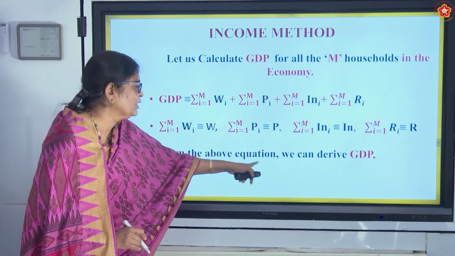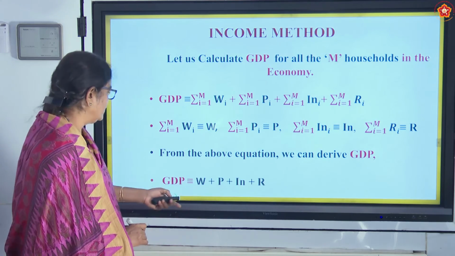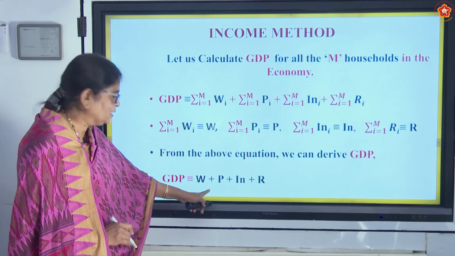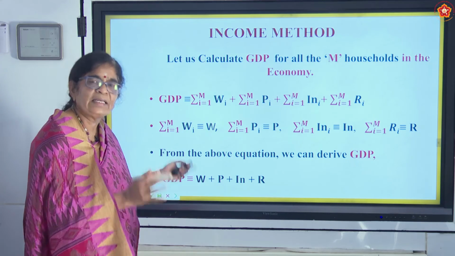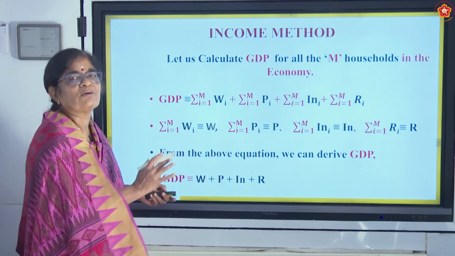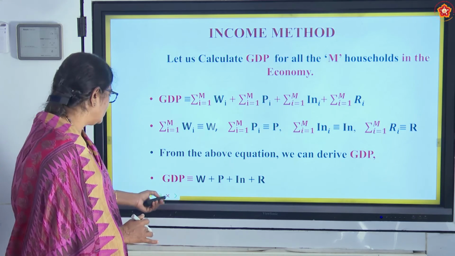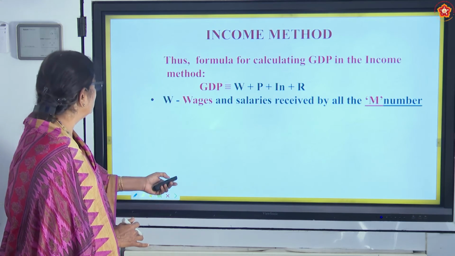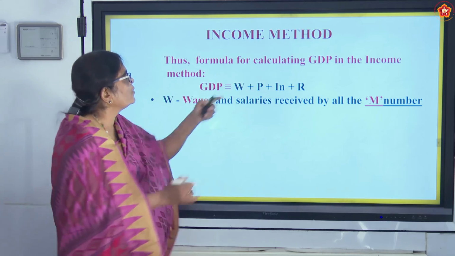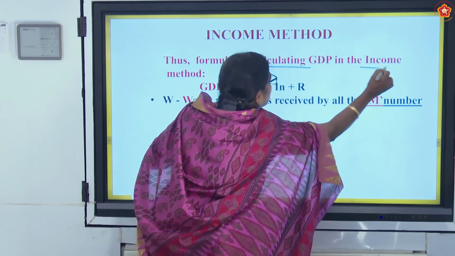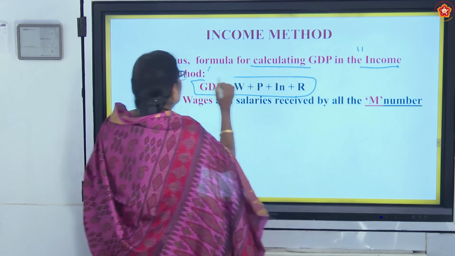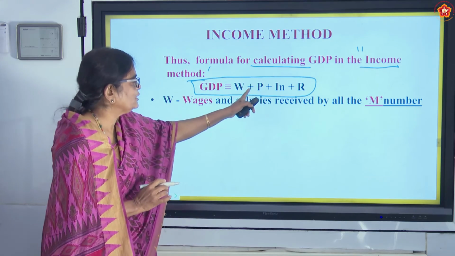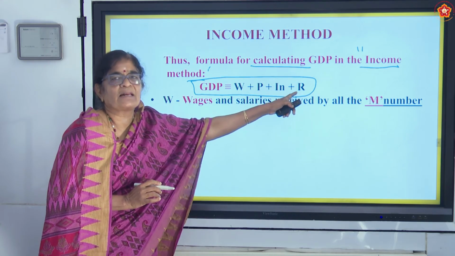From the above equation, we can derive GDP. GDP is nothing but wages plus profit plus interest plus rent for all the M households in the particular economy, for a particular year. I hope you understood everything. Thus, the formula for calculating GDP under the income method is GDP equals wages plus profit plus interest plus rent.